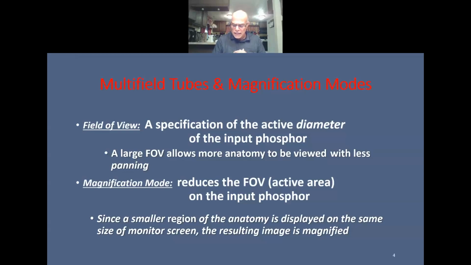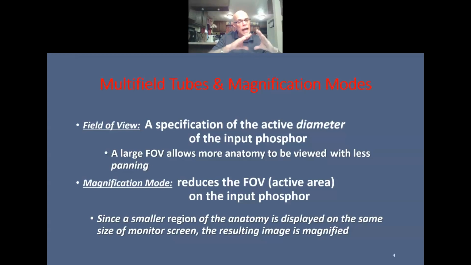It says on page 679, that first column, the magnified mode can be used for better spatial resolution. This is the bottom of the first column, right above figure 38-8. It says the number of pixels available in the final output image, the TV monitor, is the same, yet the area of the anatomy being inputted to the image intensifier is smaller.